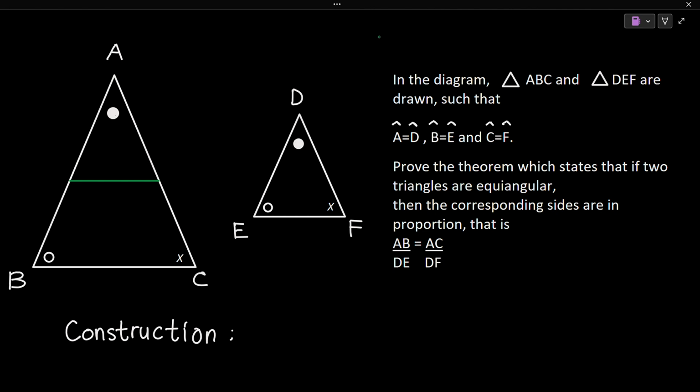So let's label this, let's call it PQ. And since we are trying to draw this line so that it's the same size as EF, what we're actually trying to show is that triangle APQ is the same size as triangle DEF. So part of our construction, we are going to draw line PQ.